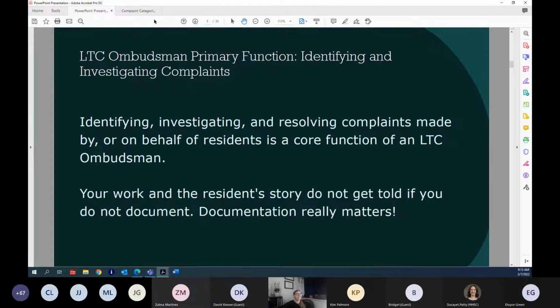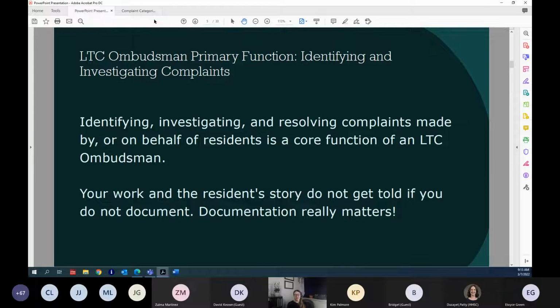And again, it also happens that sometimes a resident will come back or a family member will come back and dispute something that you've done. They'll come to your manager or come to the state office and say, I called them on this date and they didn't do anything. And so if you haven't put your work in the ombudsman database, it's hard for us to say what did happen.